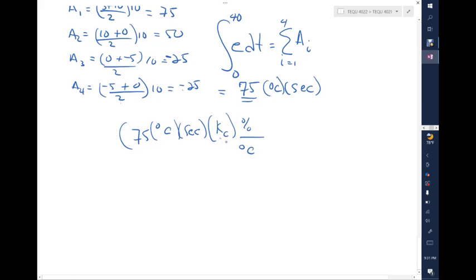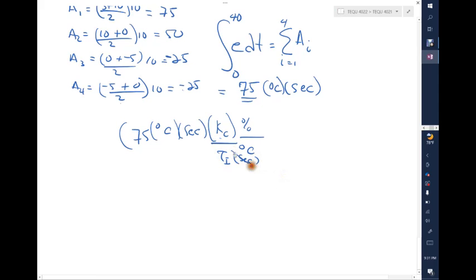Now what's going to happen is you have that Kc, but you also have 1 over tau I, which has a unit as well, which is seconds.